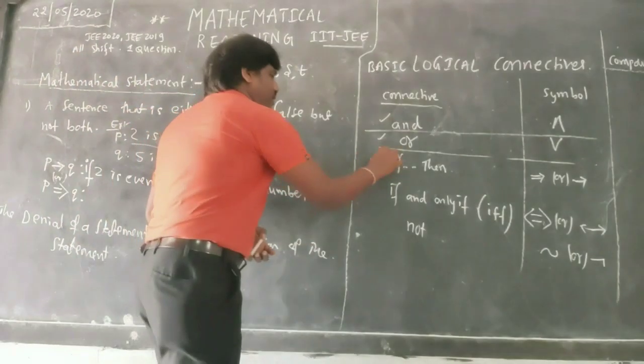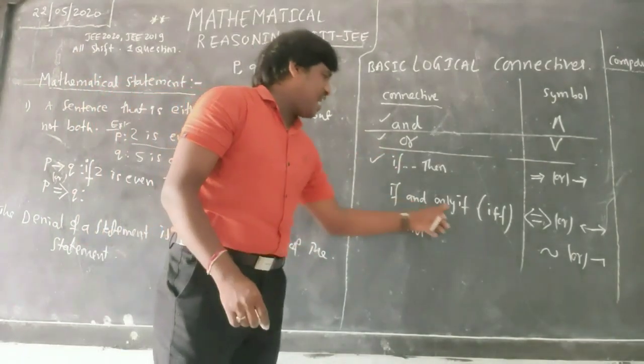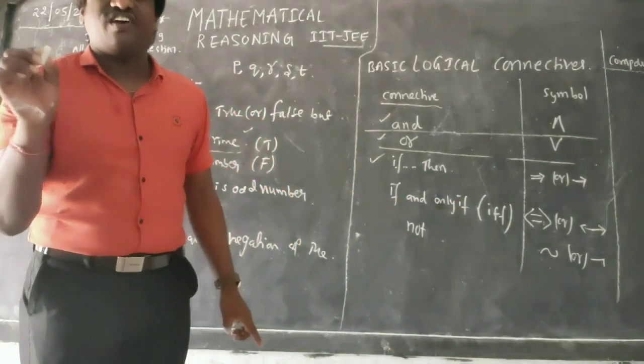Connection number 3 is over. Another connection is "if and only if," that is IFF.